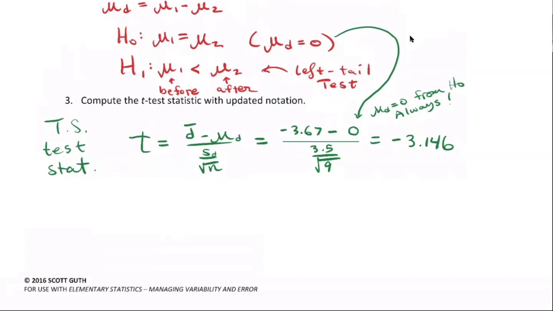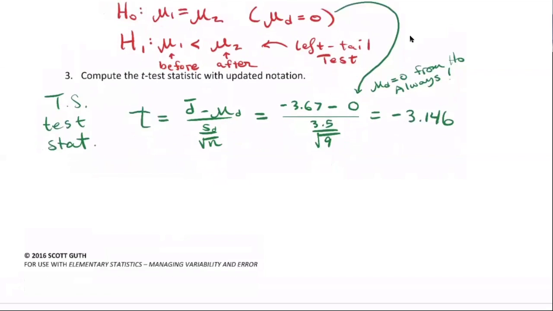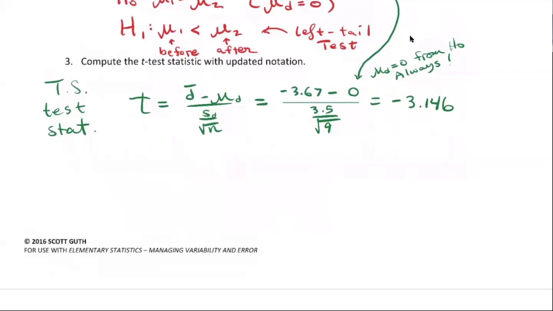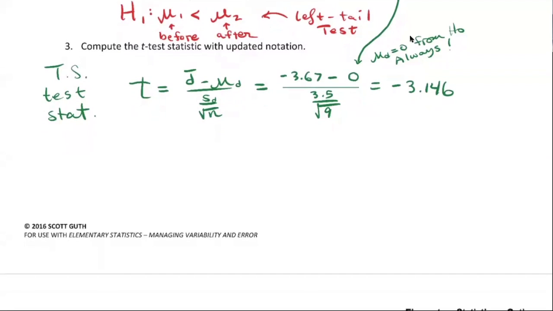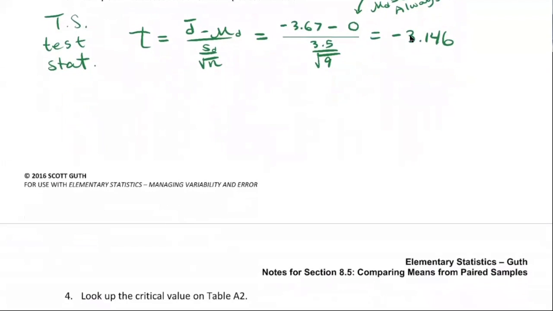So we're more than 3 standard deviations away from no difference, which means it seems like it's a pretty good difference. Okay, any questions? So with this group, we've got significant change, statistically significant. Okay, any questions?